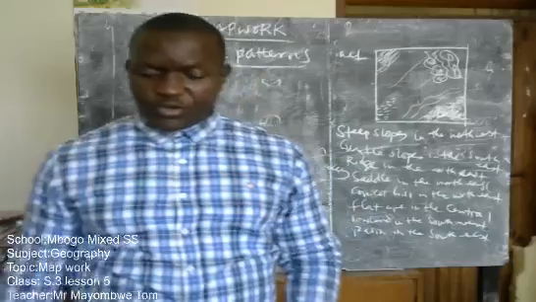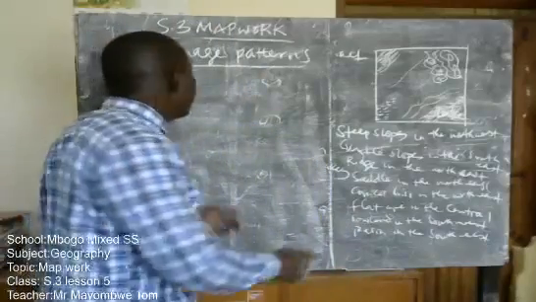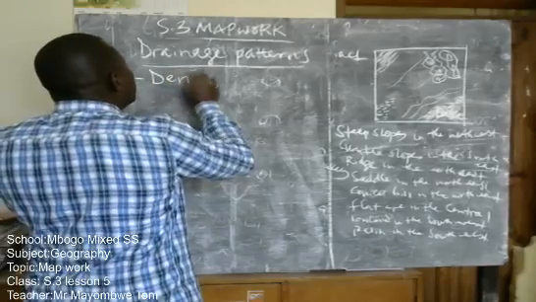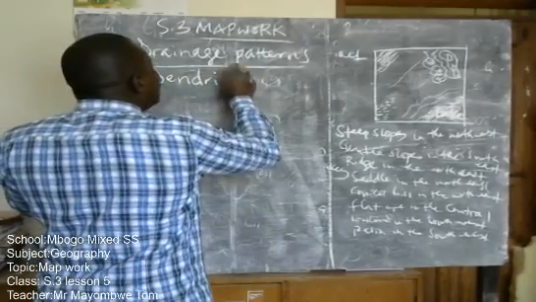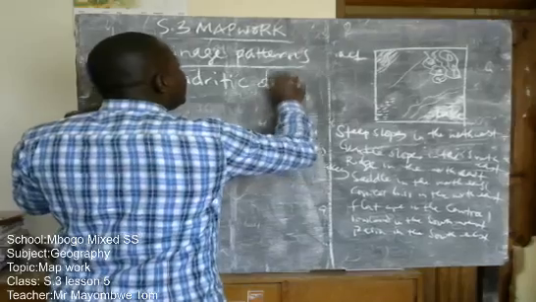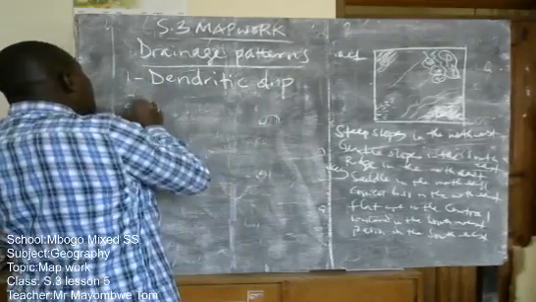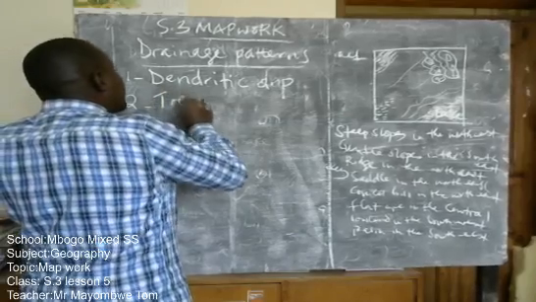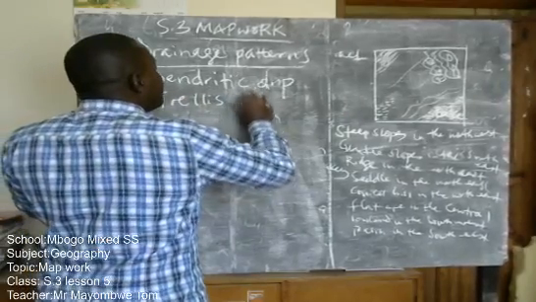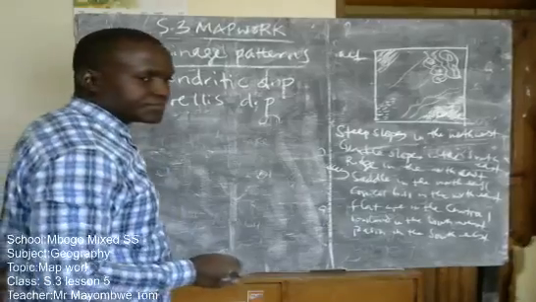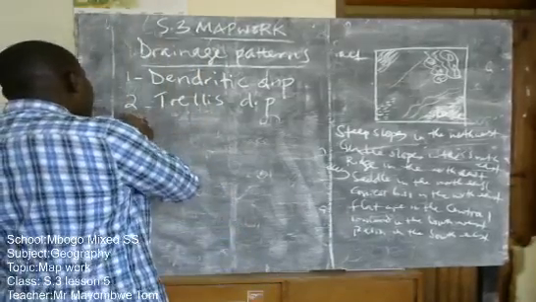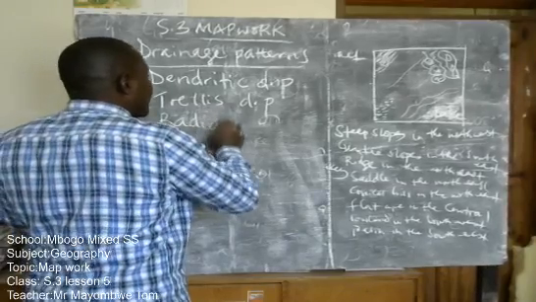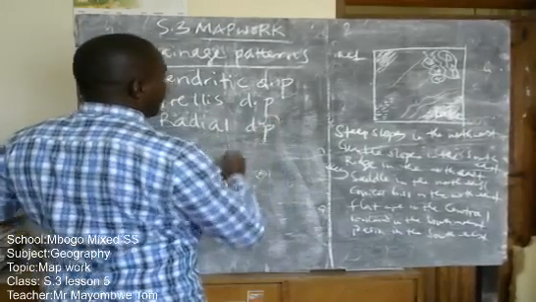The commonest drainage patterns on a map extract: one is what we call dendritic drainage pattern. Two is what we call trellis drainage pattern. Three, radial drainage pattern.